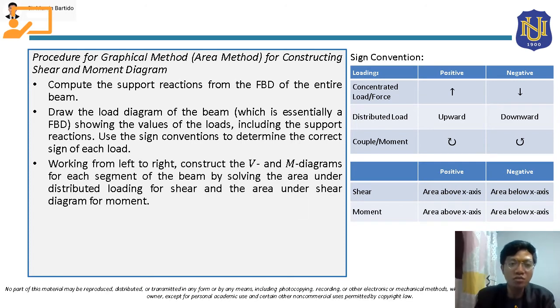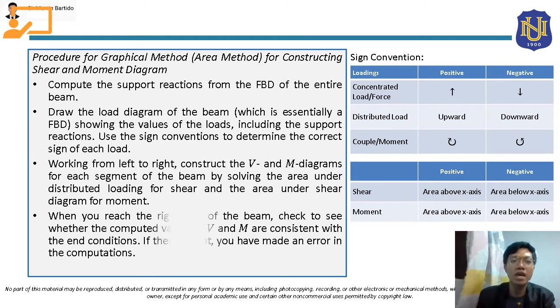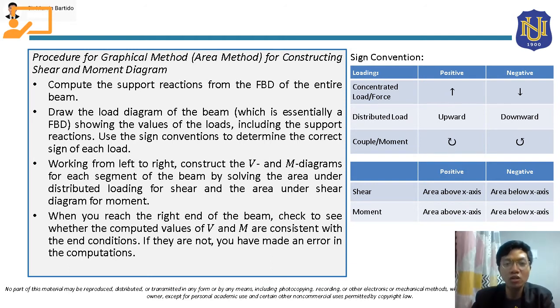For the third step, class, working from left to right, construct the shear and moment diagrams for each segment of the beam by solving for the area under the distributed loading for shear and the area under the shear diagram for moment. For the last step, when you reach the right end of the beam, check to see whether the computed values of shear and moment are consistent with the end conditions.